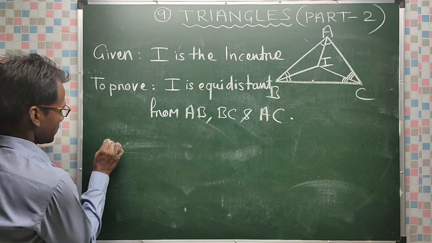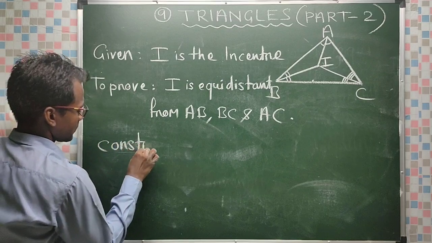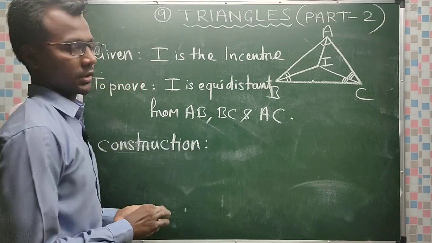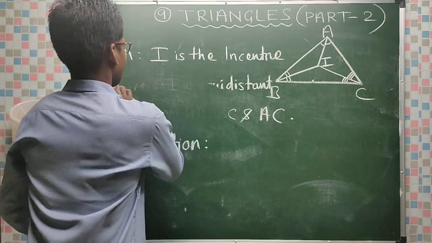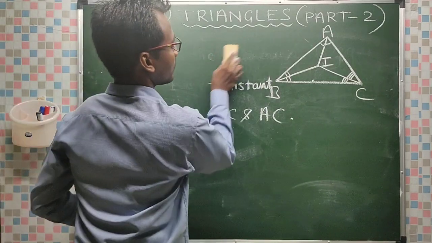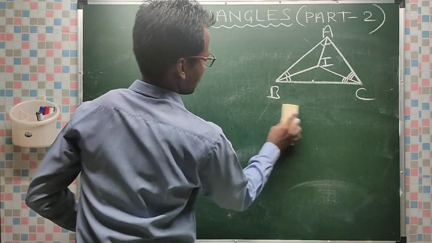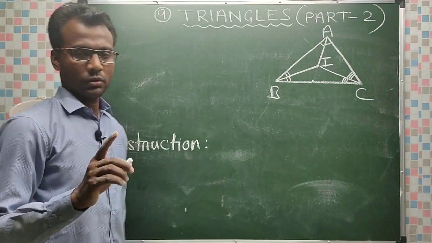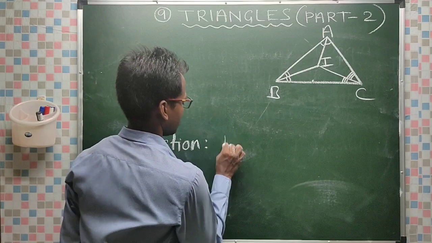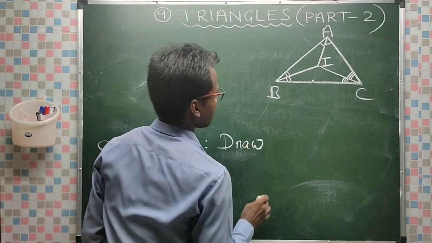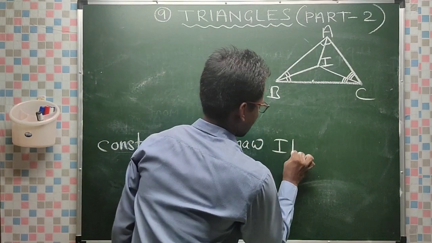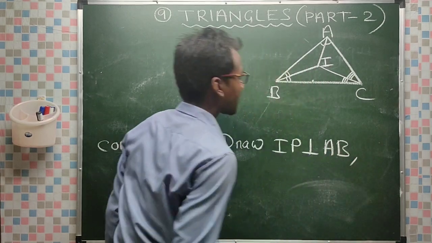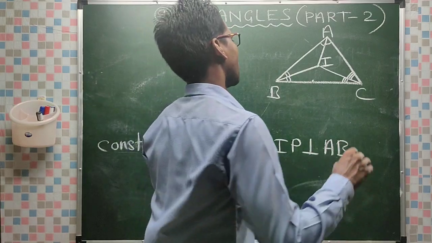Now construction. Now we need construction. To draw perpendicular, draw IP perpendicular to AB.